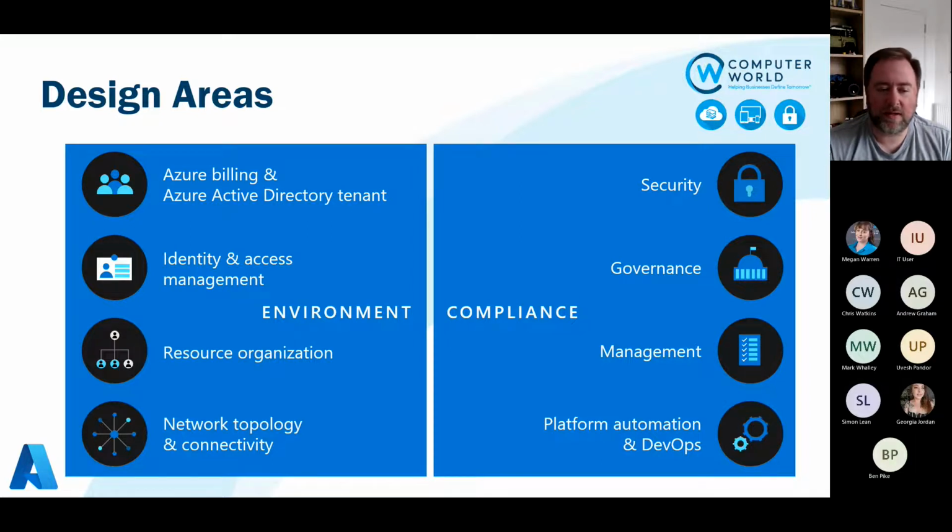Some of them are based around environmental considerations: how we are configuring our environment around identity, billing, organizing our resources, how we're connecting our networks. And the important ones, and sometimes the ones that I've forgotten about, are the compliance ones. So security, is our environment secure? Is it governed correctly? How are we going to manage it? And looking ahead to how we're going to automate things with a DevOps mindset.